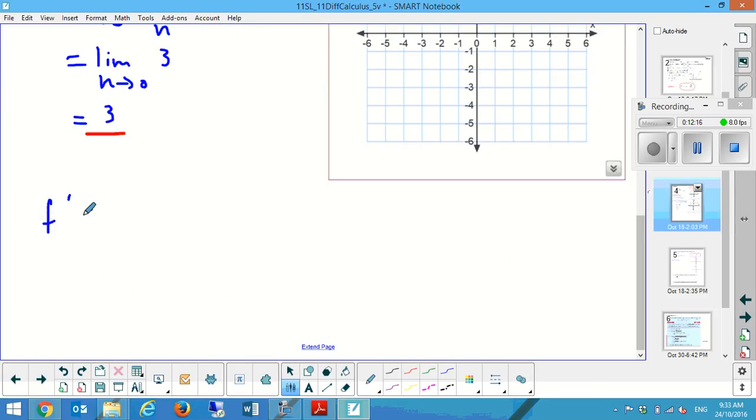If I've got f dash x equals 3, I could then write, well, what is the derivative at 1? Because there's no x's to substitute in, it's still 3, and we know that for this function it's always 3.